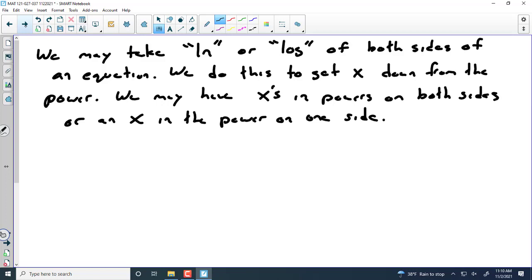However, in some problems we encounter, there may be an x in the power on both sides, and in some problems we encounter there may be an x in the power on only one side. Let me demonstrate.